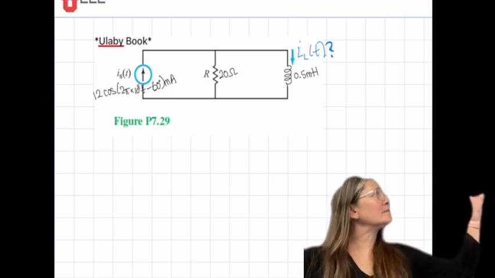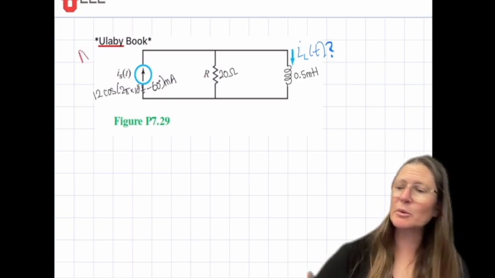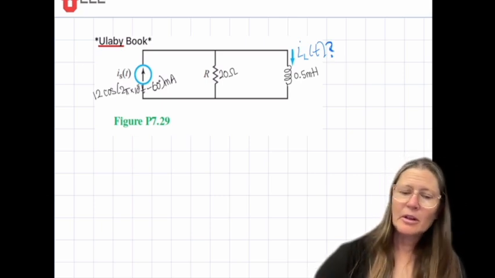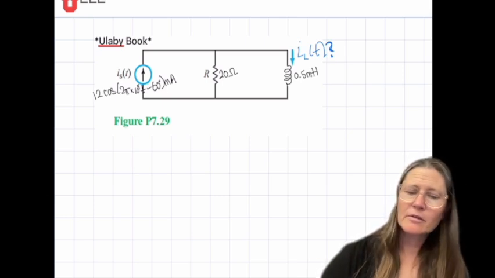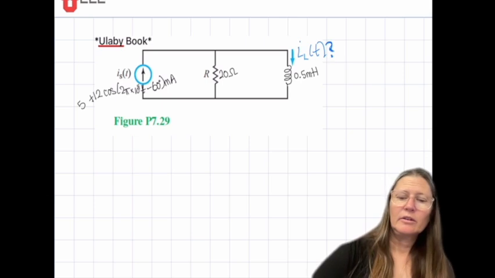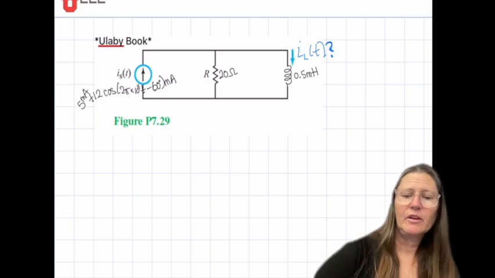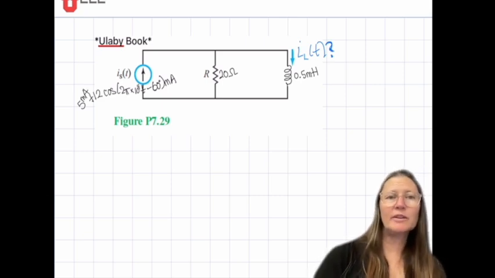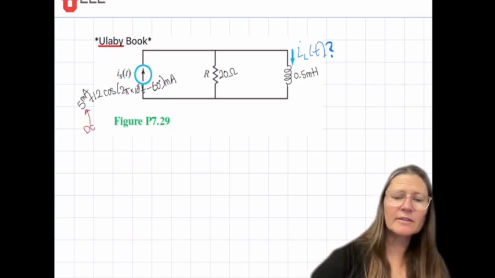Then for the AC, this will be what we'll look at here. Well, maybe we'll do this. Let's say this is plus 5 milliamps plus the 12. This is where you need to identify the DC portion and the AC portion.